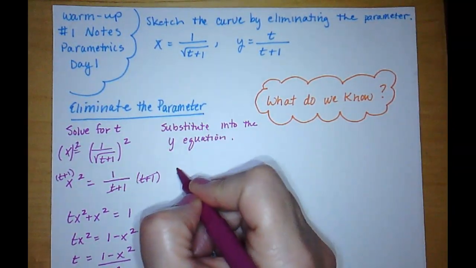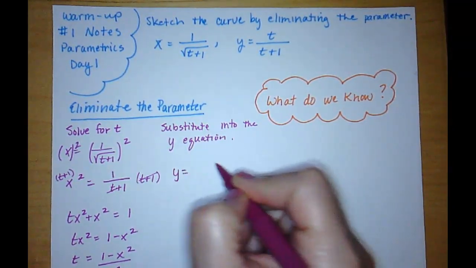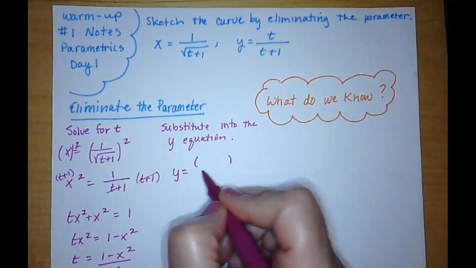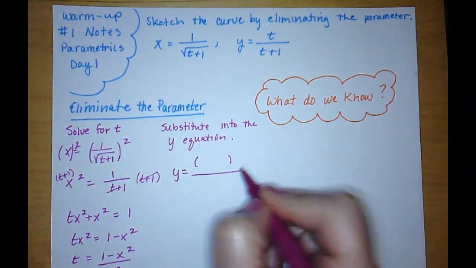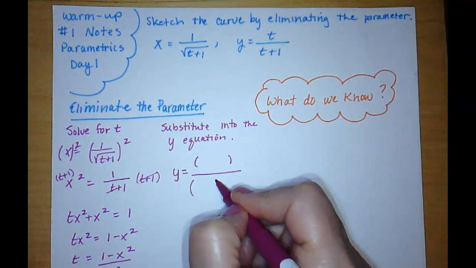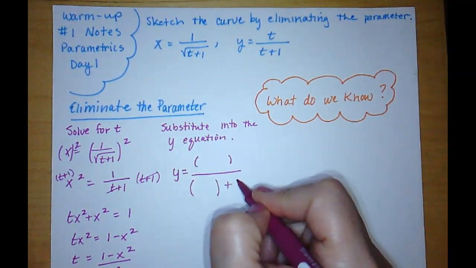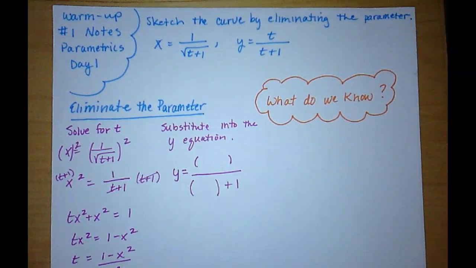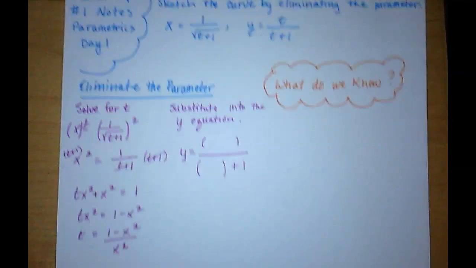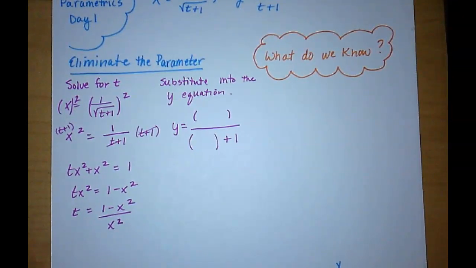So I'm going to say y equals, and there's a t value on top, so I'm going to put parentheses right there. Then I have a t value on bottom, so I'm going to put parentheses right there, plus 1. And we just found the something that goes in all of those parentheses. We just worked that out right here.